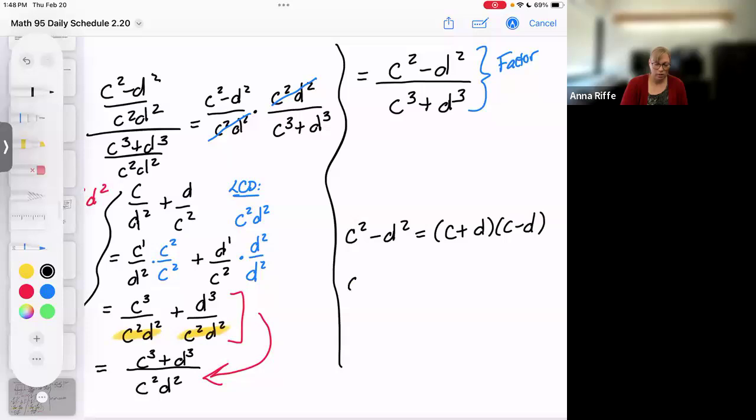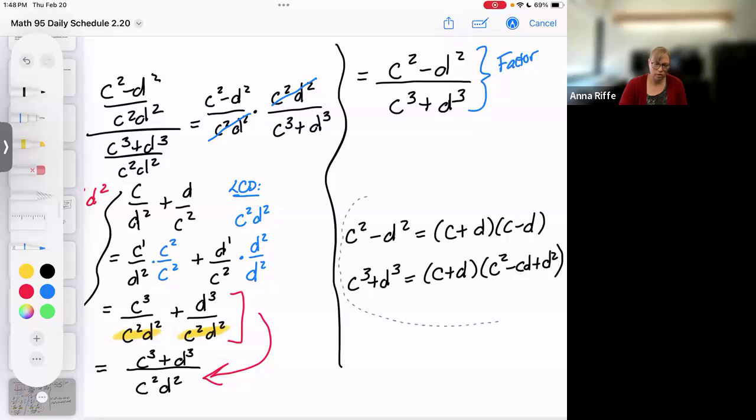And then c cubed plus d cubed, that's the sum of two cubes. So it'll factor as c plus d, see if I can remember this, c squared minus cd plus d squared, I believe. Those go on the numerator and the denominator now.